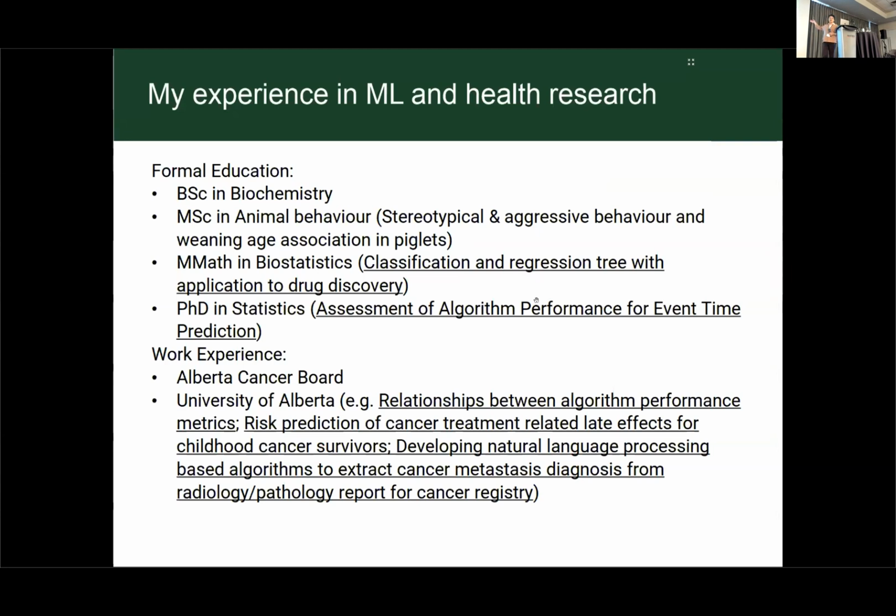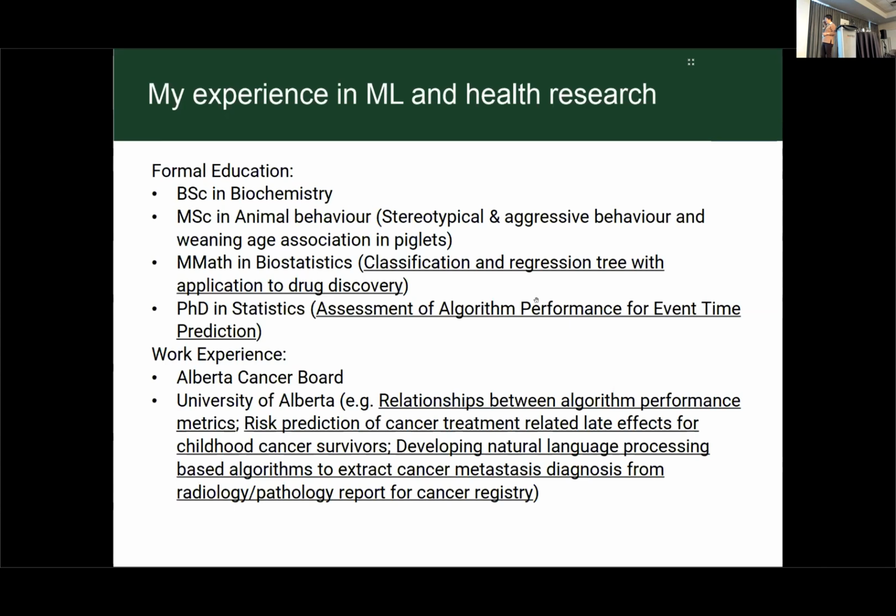This classification and regression tree is really a type of early machine learning model, a statistical learning method. And when I did my PhD, my focus was the assessment of algorithm performance for event time prediction, like survival time, time to event, and how you assess them.